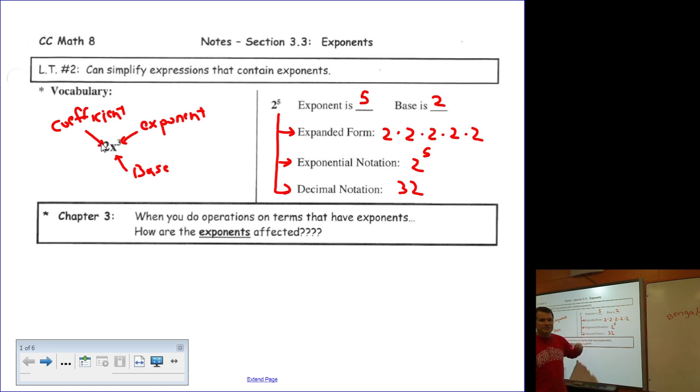You'll have a few questions on your homework like that. Sometimes in exponential notation, and sometimes we'll want you to get the answer in what we call decimal notation. So as I said before, most of the rest of Chapter 3 involves this right here. When you do operations on terms that have exponents, how are the exponents affected?